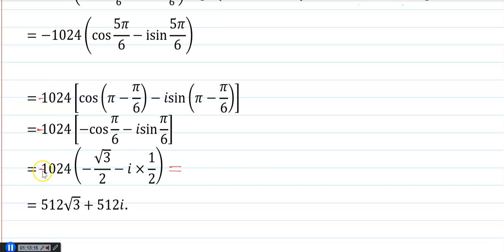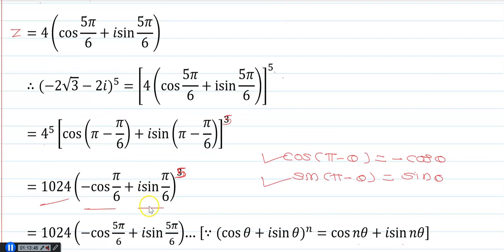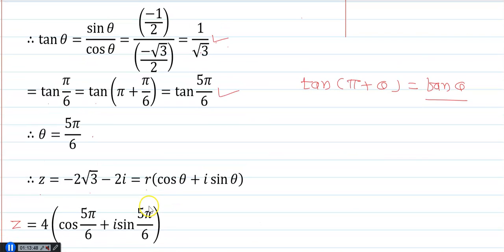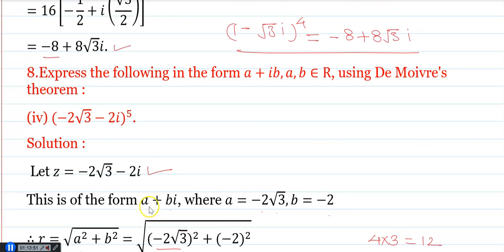Now multiplying, minus and minus will become plus, that is 1024 into root 3 upon 2 plus 1024 into 1 upon 2 into i, and if we simplify, then you will get 512 root 3, and here 512 i, and this is the value of z raised to 5.